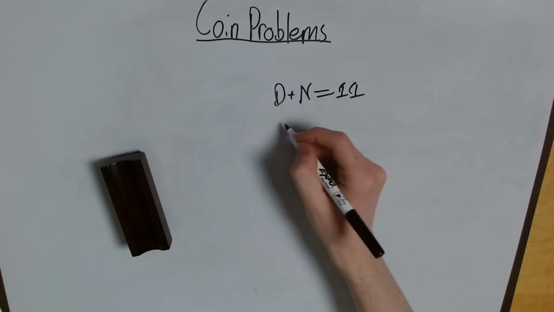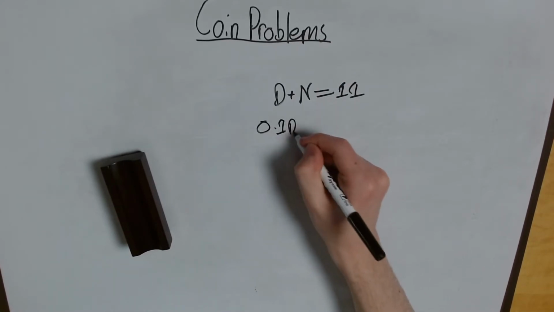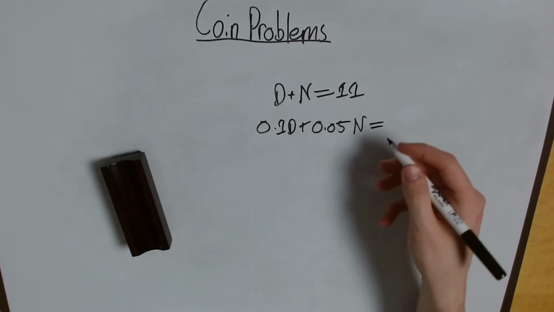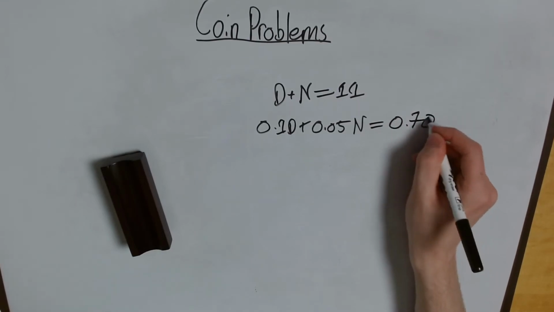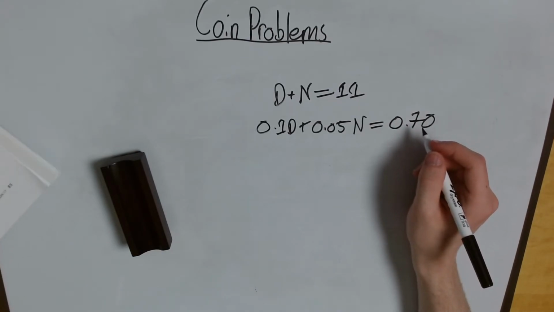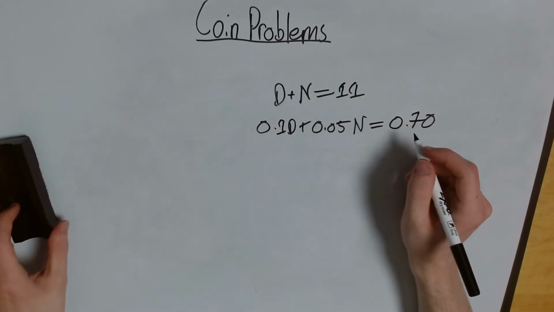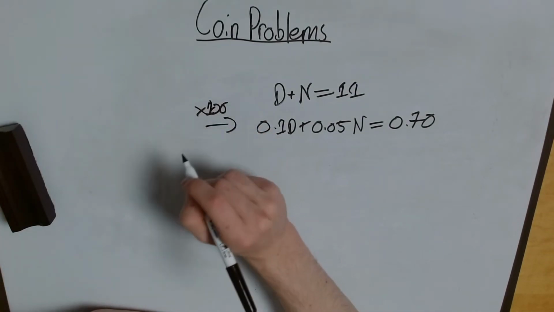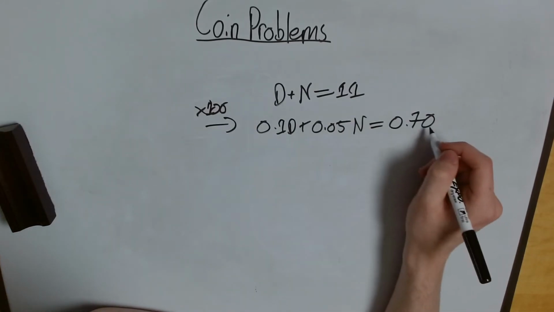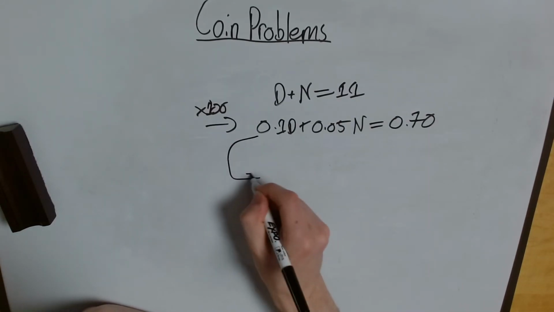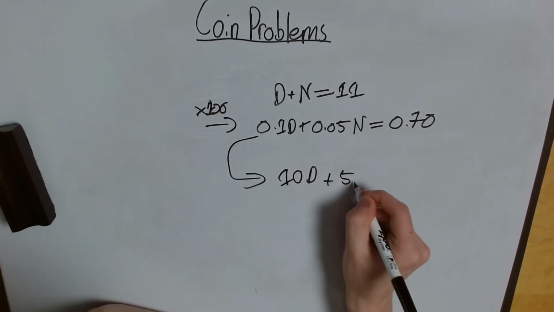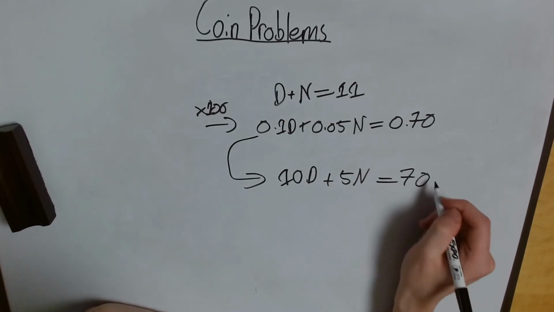And the value of the coins is 70 cents. How many dimes and nickels do I have? So we're going to follow the same basic strategy. We're going to multiply by 100 here, just to make our job a little easier. I'm going to multiply by 100 on both sides to get rid of that decimal. All right, so I have 10d plus 5n equals 70.